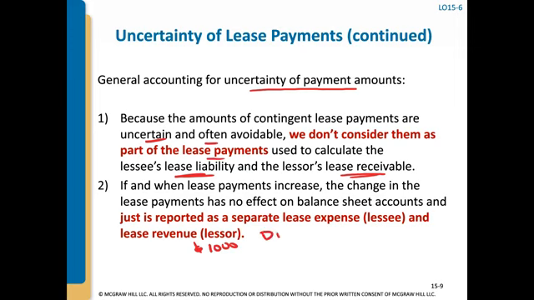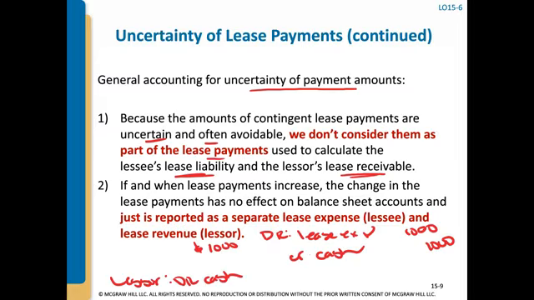Instead, if I'm the lessee, I'm going to debit lease expense for $1,000, and I'm going to credit cash because I have to pay that out. And if I'm the lessor, I'm going to debit cash for the $1,000, and I'm going to credit lease revenue for $1,000. So we're just going to book it like that.